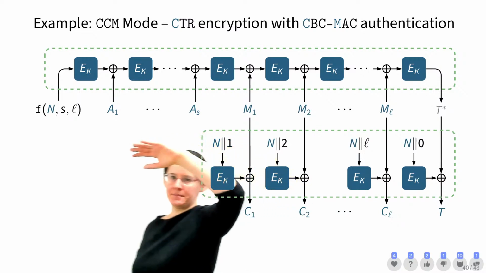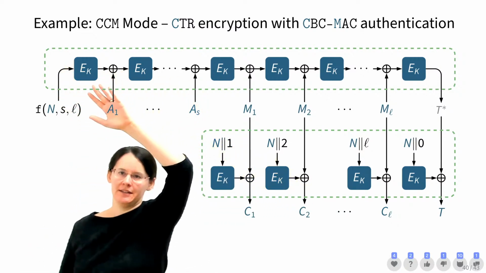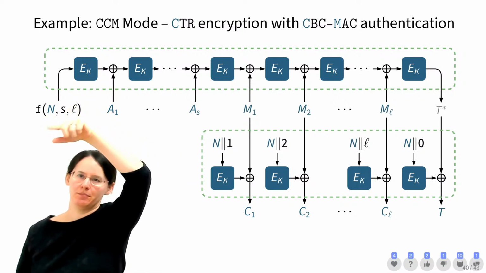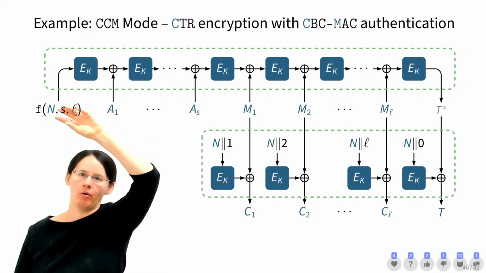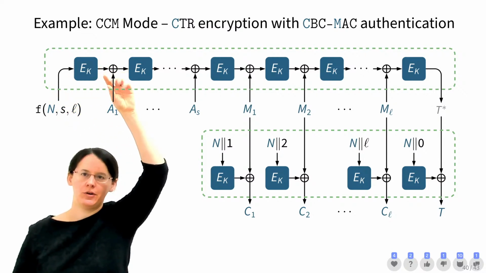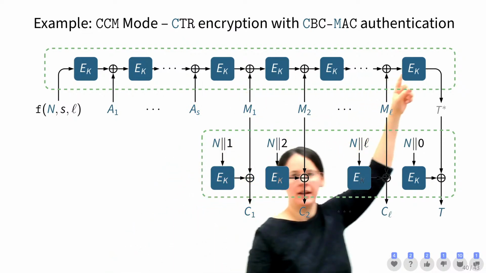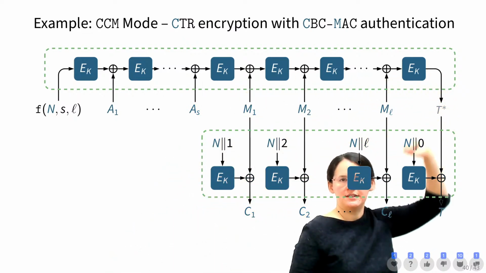So more precisely, for each block of the message as well as the associated data, plus some helper values which depend on the nonce here, we always take the current block, encrypt it, XOR the next block, encrypt it again, and so on, until we get this intermediate value here.